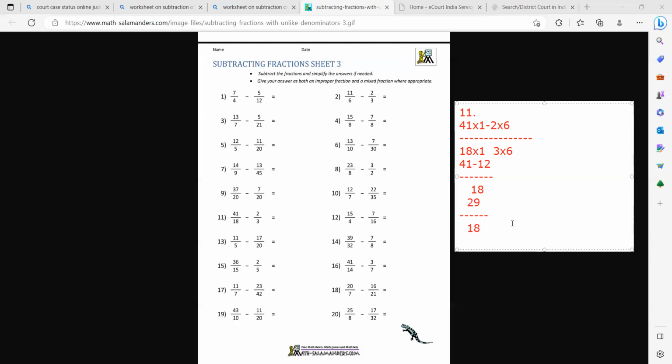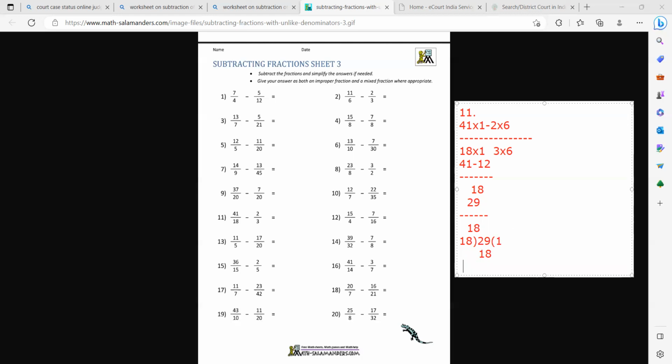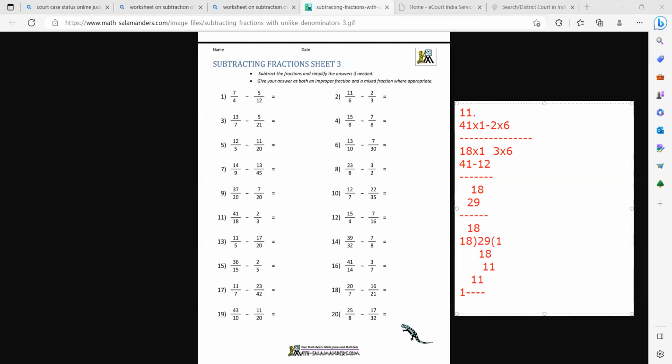That will give the answer as 1 whole 11 by 18. 8 minus 9 is 1, 2 minus 1 is 1. So 1 whole 11 by 18 is the correct answer. So number 11 is done.